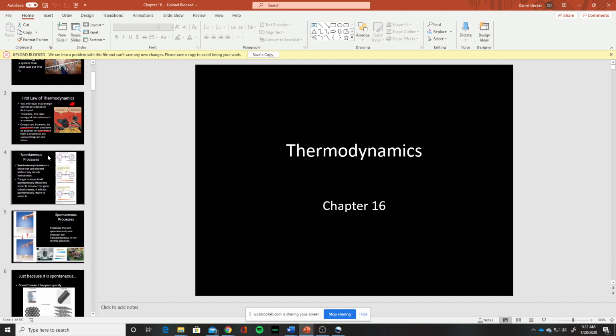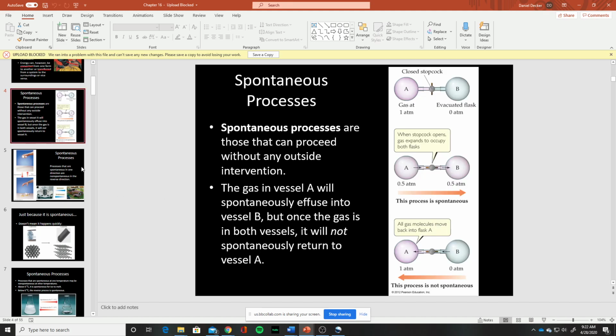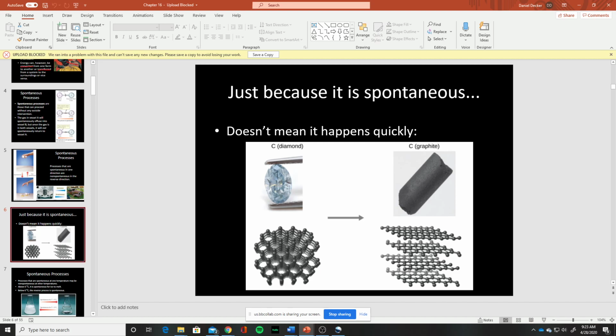So in chapter 16, I guess it was, the thermodynamics chapter, I do expect you to know generally the differences between spontaneous processes and non-spontaneous processes. For example, is it possible for non-spontaneous processes to occur? Yes, it is. You just have to do something to get them to occur. They don't occur all on their own, but they can still occur.